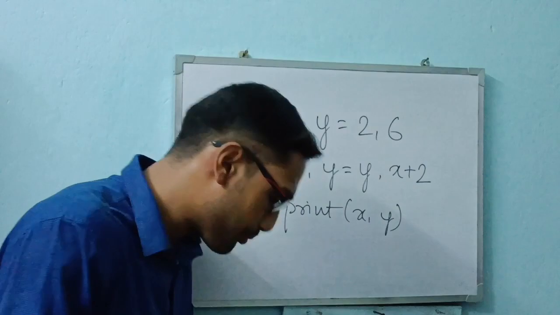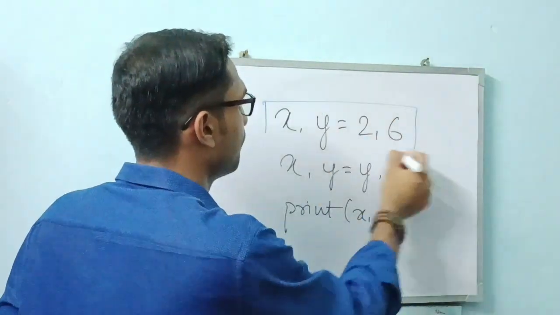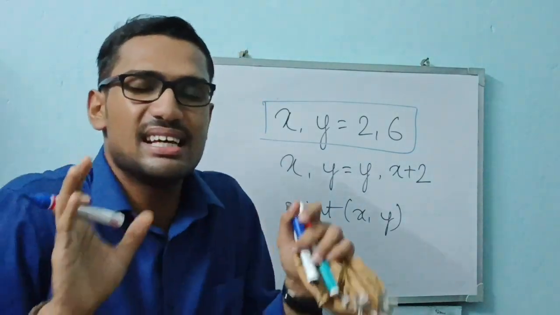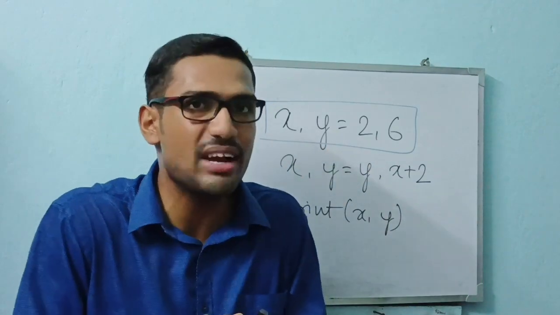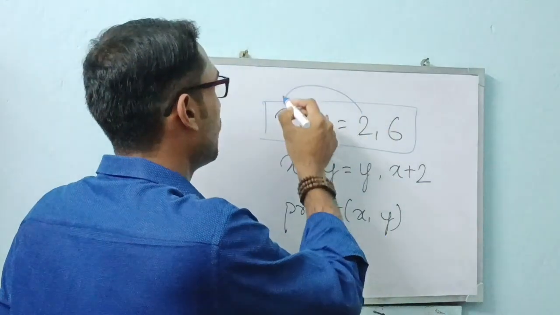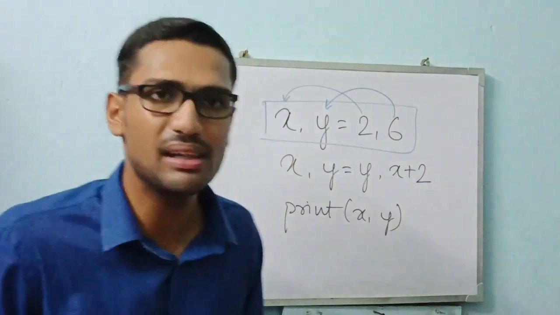So let's start. As you can see, this one is the first statement. Which concept is this? This is similar to the concept of assigning multiple values to multiple variables. What does it mean? It means that 2 will get assigned to x, and 6 will get assigned to y. Simple.